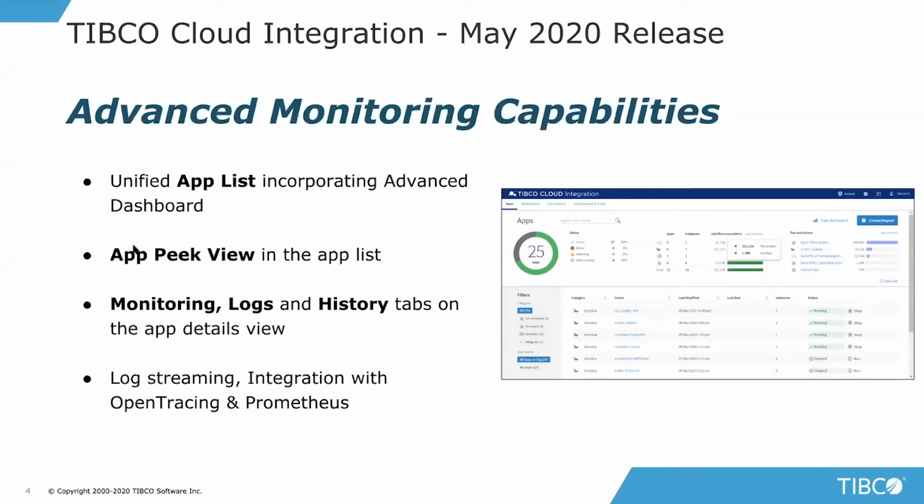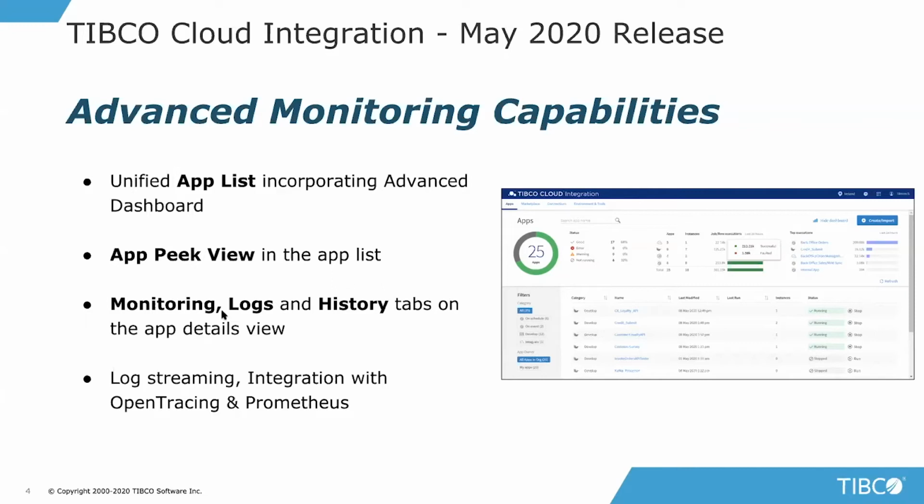We've also introduced a feature called App Peek View. In fact, this is a very popular feature now and is being used by a lot of our customers. This gives you, at a high level, an overview of how your application is performing and behaving in the app list itself. So this is embedded in the app list and on the same page, you can take a peek at your application.